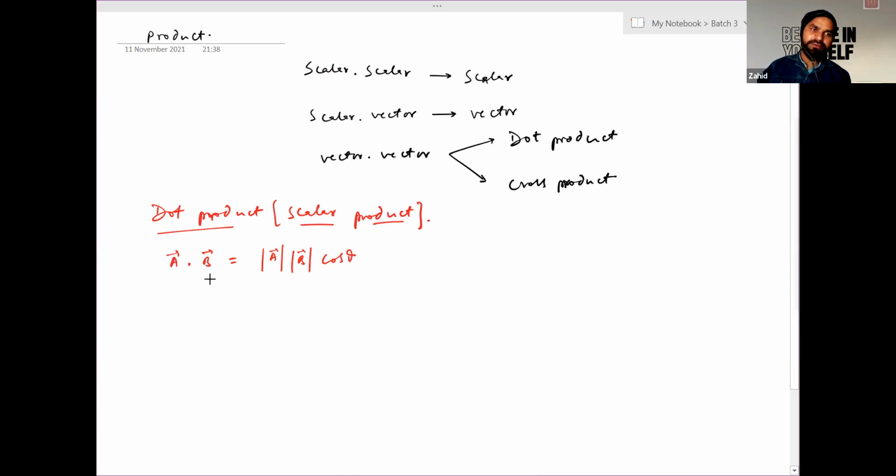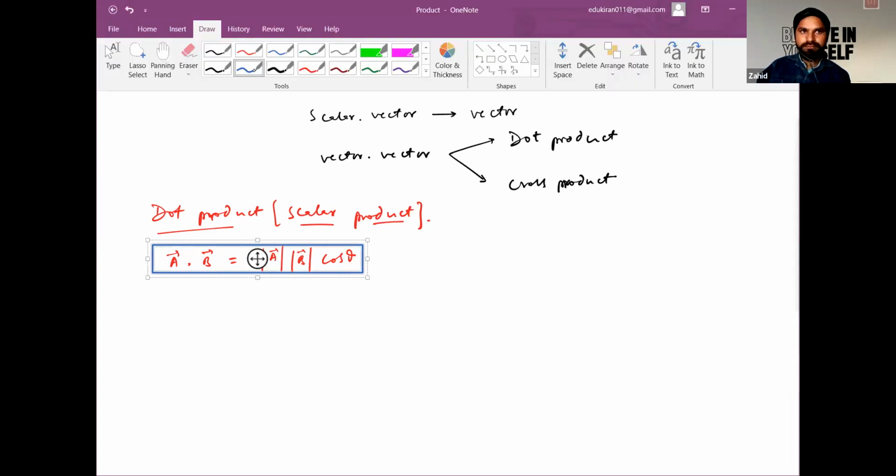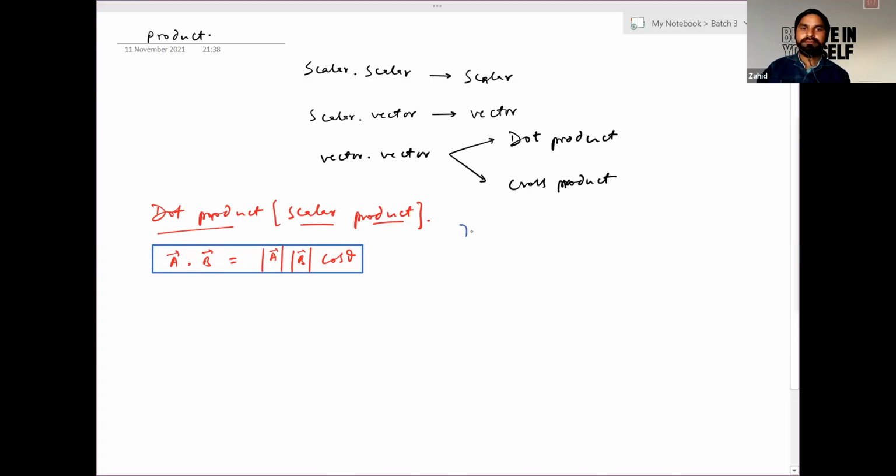Now I'm defining you first for unit vector. I cap dot I cap. According to this formula, it will be mod of I cap times mod of I cap into cos theta.